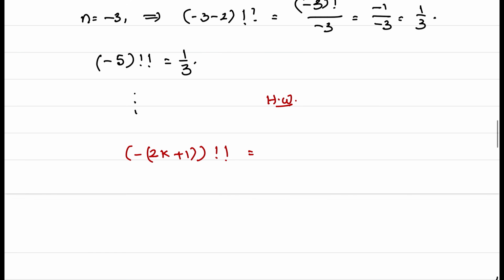Double factorial is equal to minus 1 to the power of k by 1 into 3 into 5 up to 2k minus 1.